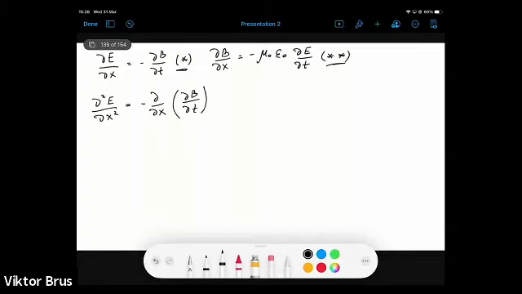Now we take derivative of the equation double star with respect to t.